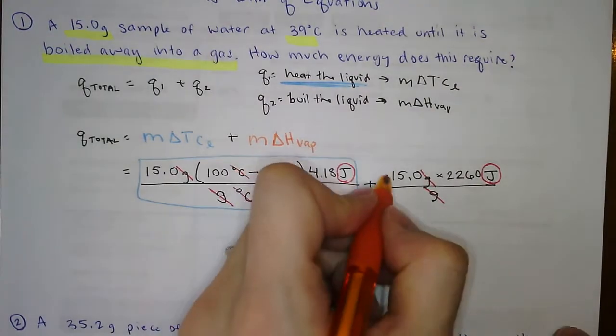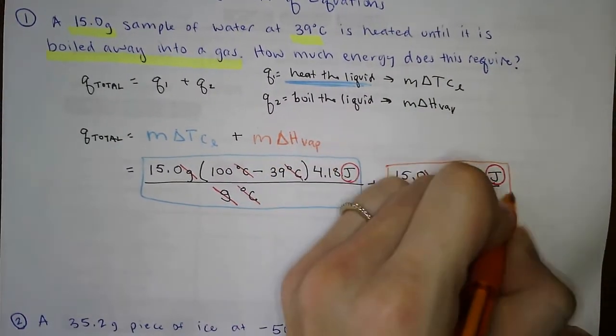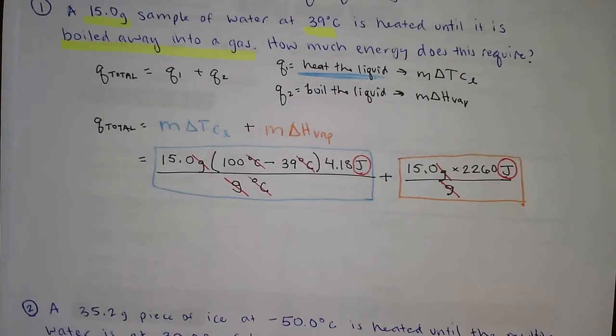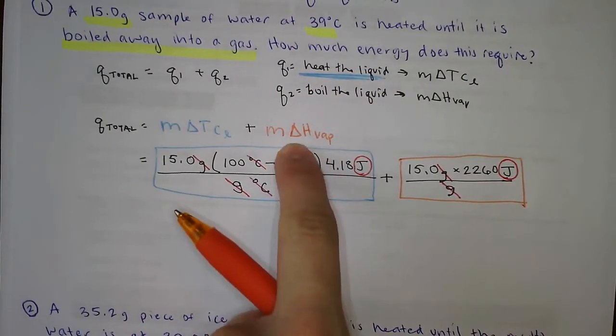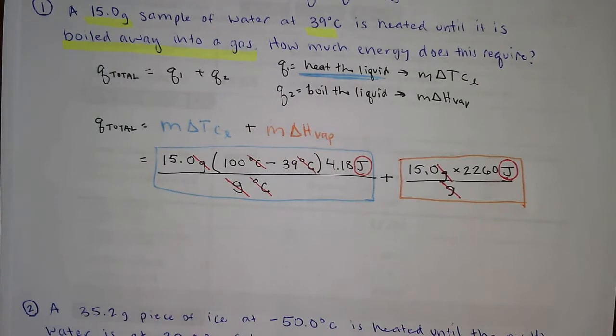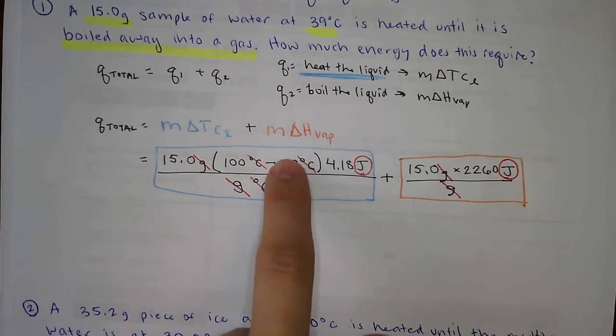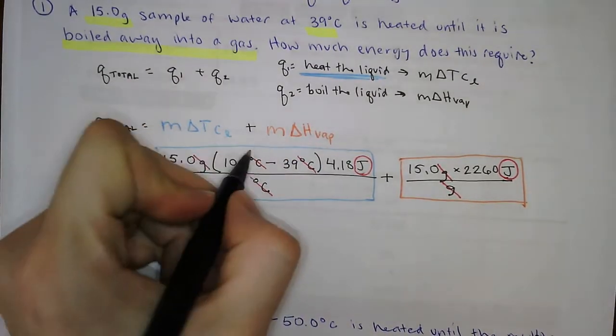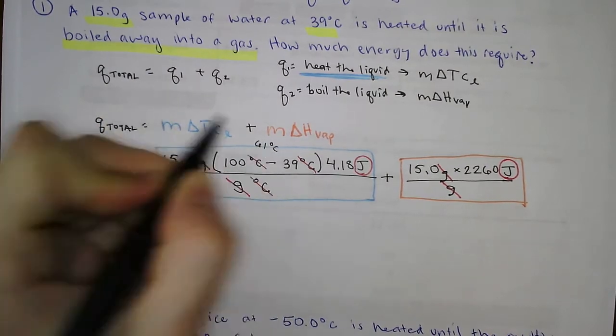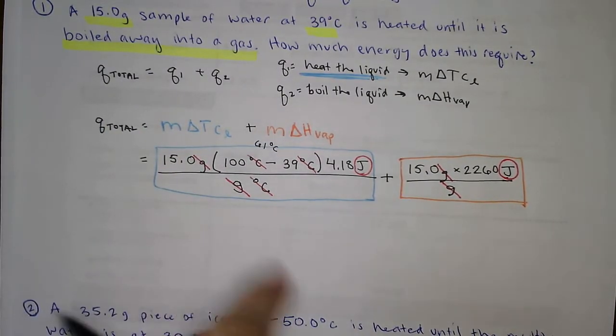Excellent news. And there is my boiling the liquid. So now just make sure you're paying attention to significant figures. 100 minus 39 is going to be 61, which has 2 sig figs.